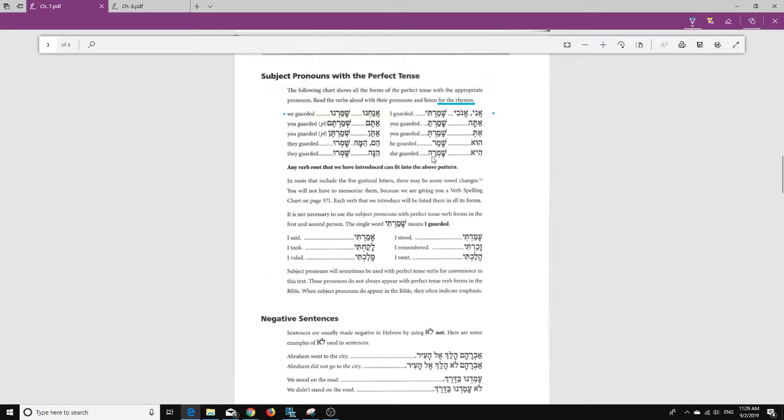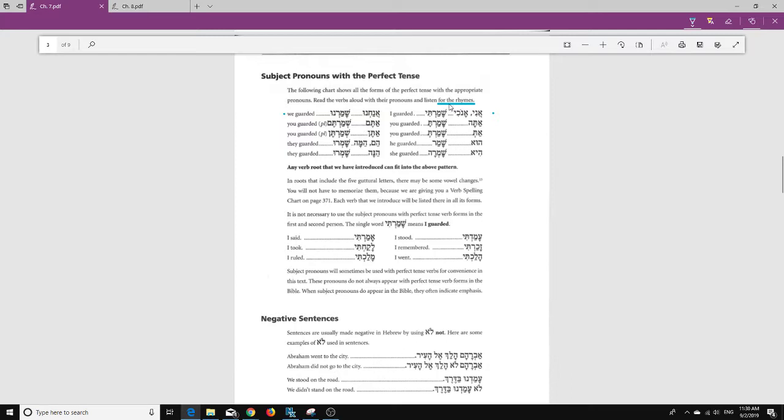Hi shamra, she guarded. Anachnu shamarnu, we guarded. Atem shamartem, you masculine plural, guarded. Aten shamarten, you feminine plural, guarded. Hem or hema shamru, they guarded. Hena shamru, they feminine guarded.